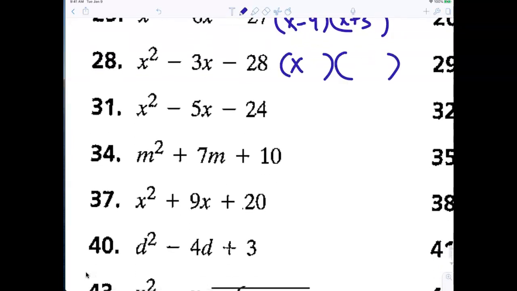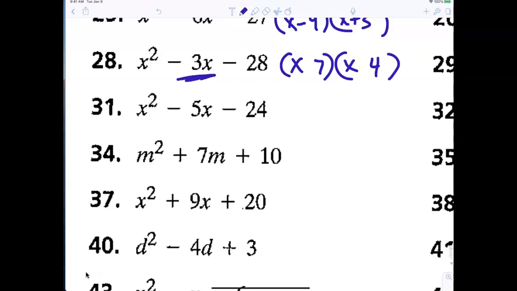All right, Ian, go. 7 and 4. Now, what does the 7 have to be? I want -3, right?